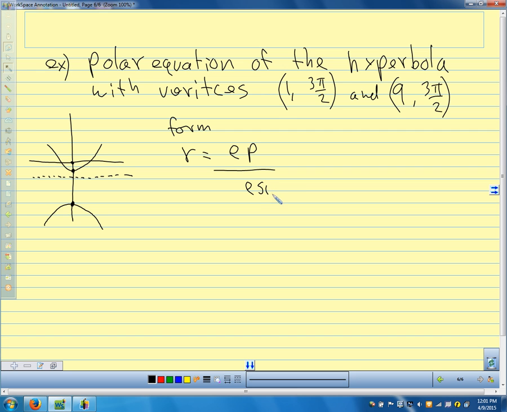And since we have the directrix below the pole, minus here. So it's going to have that form. Our job here is to find e and p.